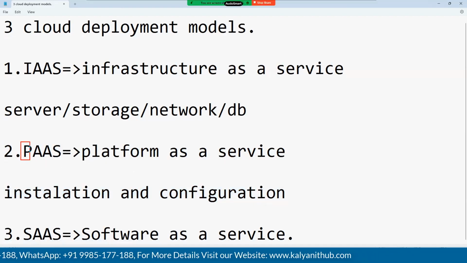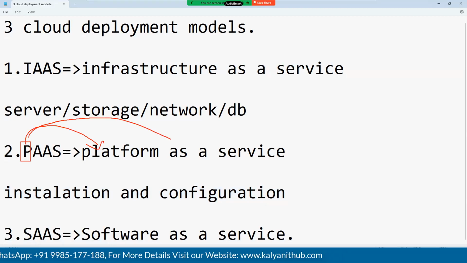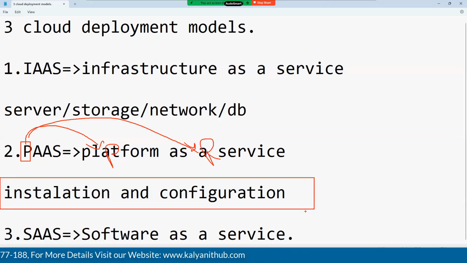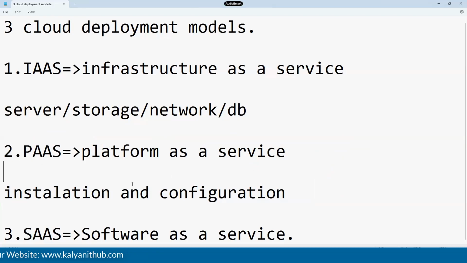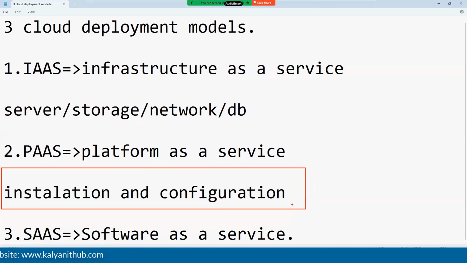The name itself says platform, and they are providing the runtime. Here you can deploy your application, whether a Java, PHP, .NET, or Python application, and directly test it. Installing anything is not required.